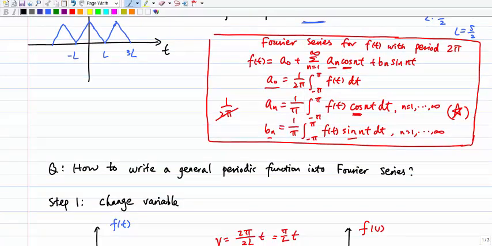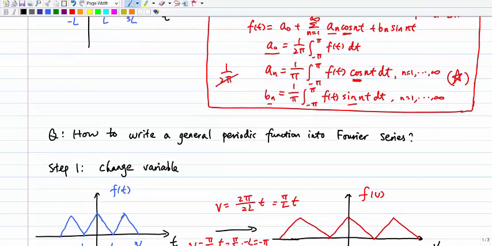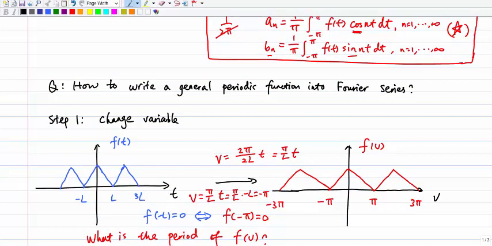Let me go into detail about how we do that for a general periodic function. The first step to write a general periodic function into a Fourier series is to change a variable. Originally, assume I have f(t), a periodic function with a fundamental period of 2L.